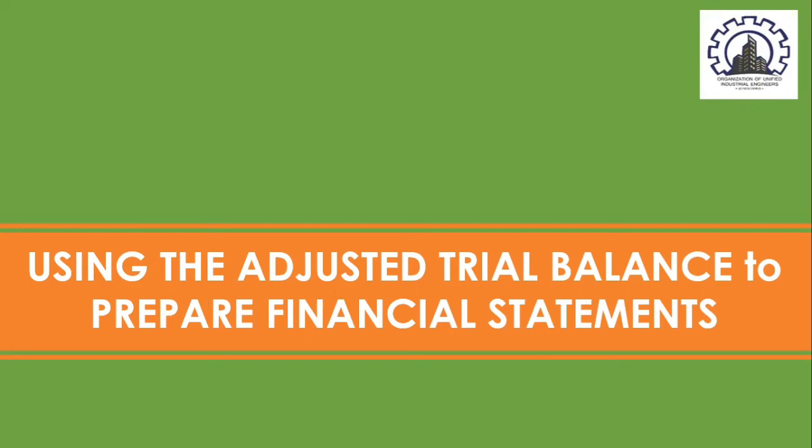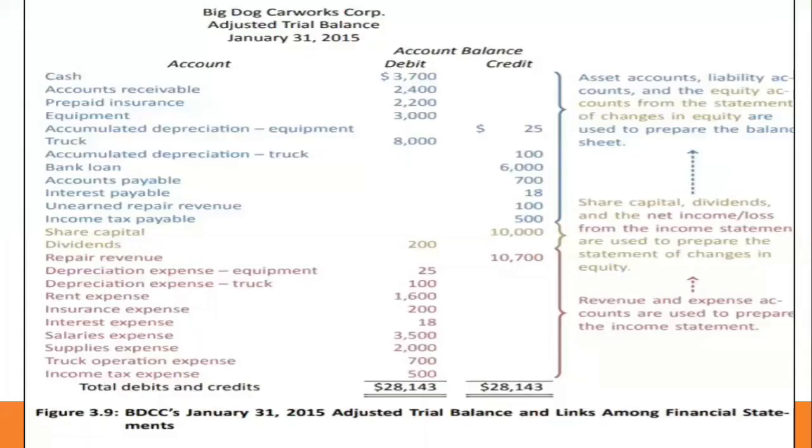Now, as you can see in figure 3.9, it presents the Big Dog Car Works Corporation's 31st of January 2015 adjusted trial balance, and it links among all financial statements. And take note that the income statement is prepared first, followed by the statement of changes in equity as shown in the figure.